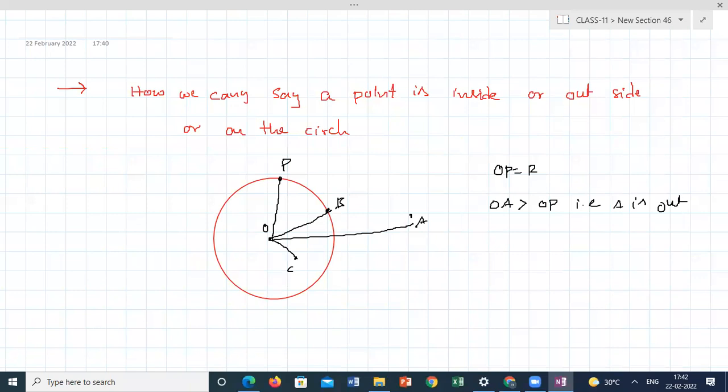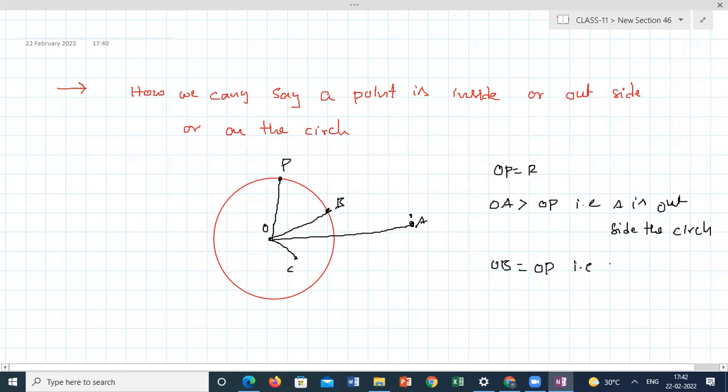That is, if the length from the center to the point is greater than the radius, it is outside the circle. If OB is equal to OP, that is equal to the radius, then B is on the circle. If OC is less than OP, then C is inside the circle.